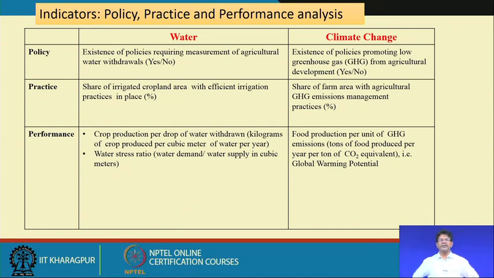Similarly, if you go for the climate change indicators, the policy for climate change is to know where there is greenhouse gas emission from agricultural operations. So, whether there is existence of policies promoting low greenhouse gas emission from agricultural activities or agricultural development. If there is a policy, then we should know the share of farmland with agricultural greenhouse gas emission management, the percentage of land under greenhouse gas emission management.